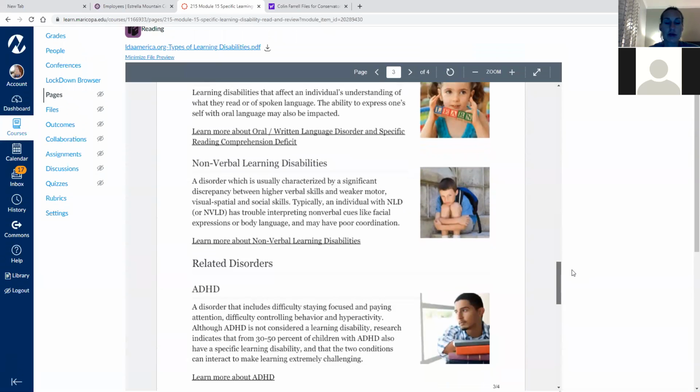Now there's a nonverbal learning disorder. I don't think we always see this well identified, and it's a disorder usually characterized by a significant discrepancy between higher verbal skills and weaker motor, visual, spatial, and social skills. So typically somebody with a nonverbal learning disorder has trouble interpreting nonverbal cues like facial expressions and body language, and may have poor coordination.